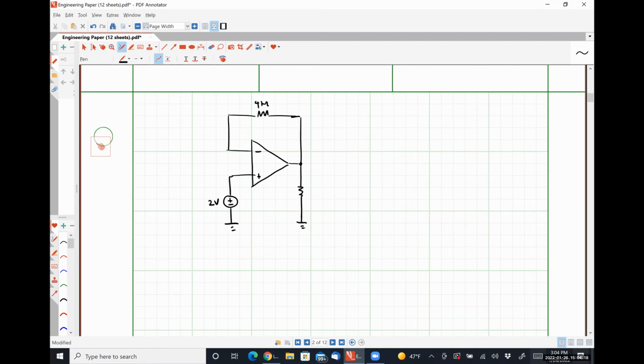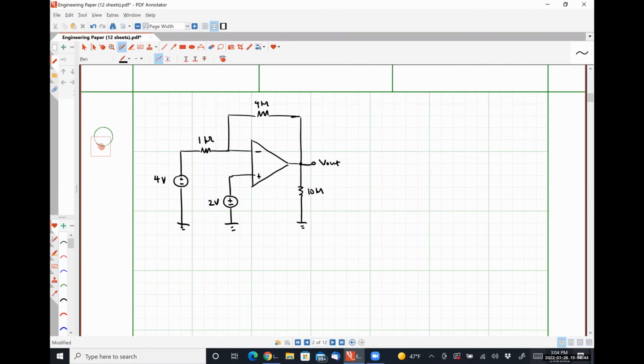Let's put a 10 kilo ohm resistor here. Let's call this V out. And I'm going to put a resistor here that is 1 kilo ohm, and then throw a voltage source over here. Let's call this guy 4 volts.